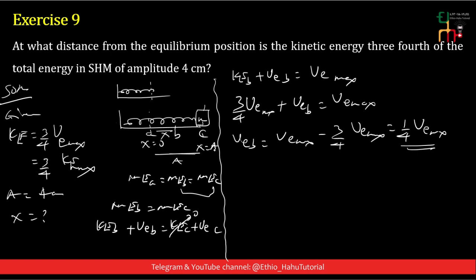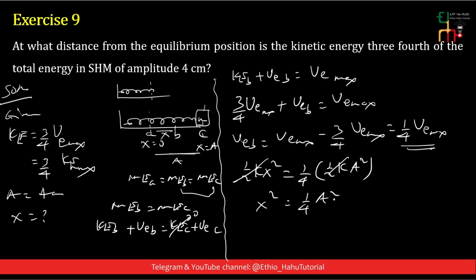But elastic potential energy at point B is half times k times x squared. This is equal to 1/4 times maximum elastic potential energy, which is half times k a squared. Half k goes with half k. x squared is equal to 1/4 a squared.